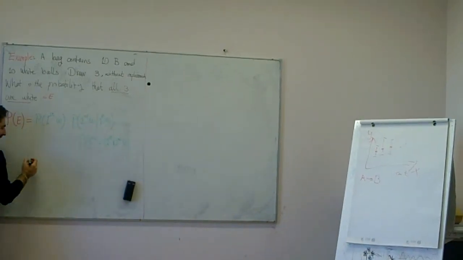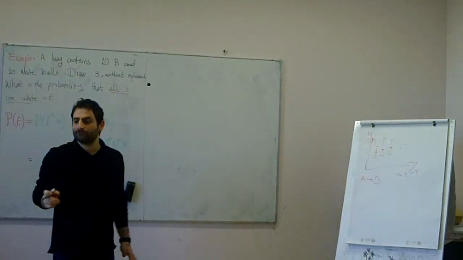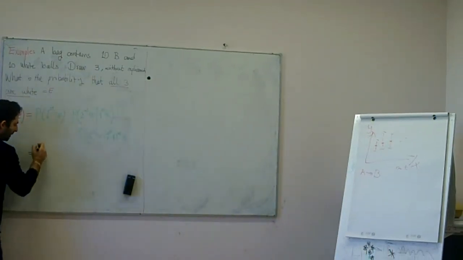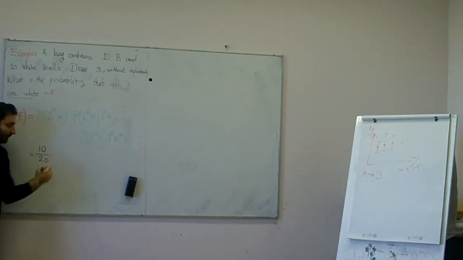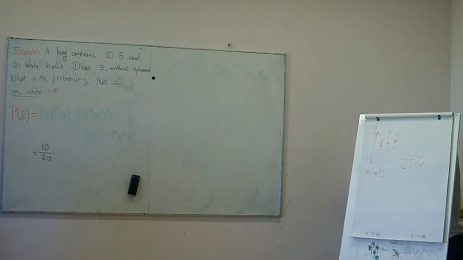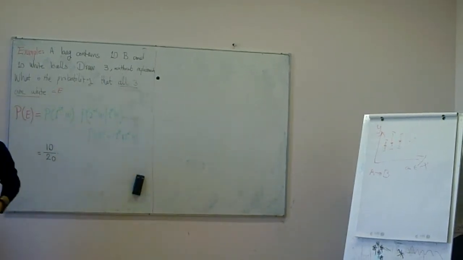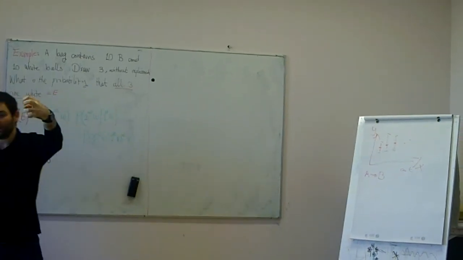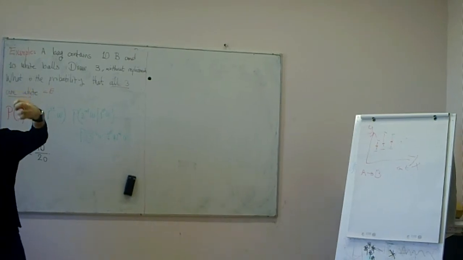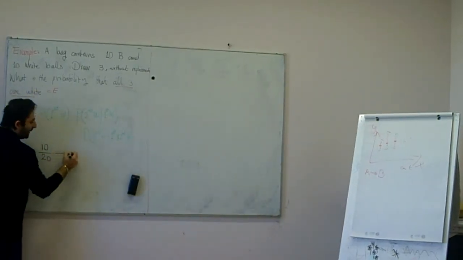Now, first one is white. How many whites do we have? 10. How many balls do we have? 20. Multiply by the probability of the second one is white, given that the first one is white. What does it mean? It means that we have already chosen a ball, and it is white. So, how many white do we have? 9.